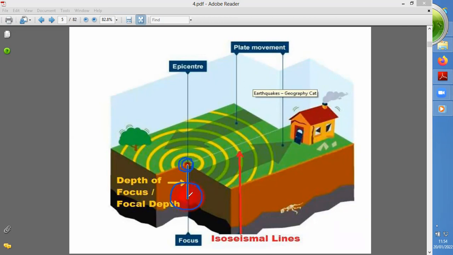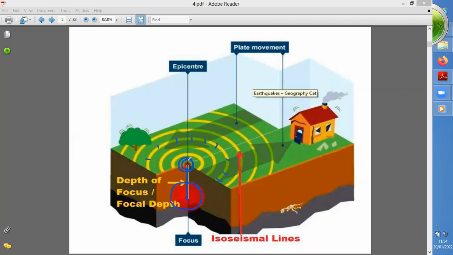This vertical distance between focus and epicenter we can consider as the depth of focus, and these yellowish lines which are in circular pattern, these lines are considered as isoseismal lines. Why is it considered as isoseismal? Because on this circular line, when you check at any place the intensity of the earthquake, it will be same.